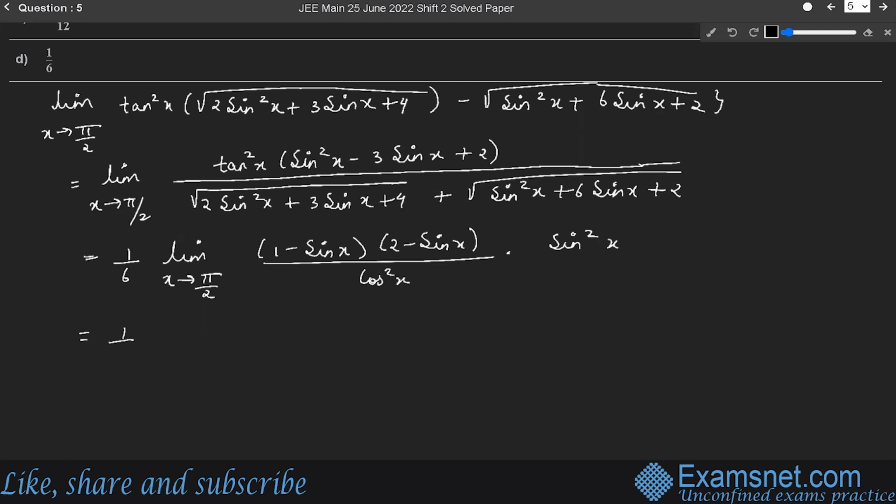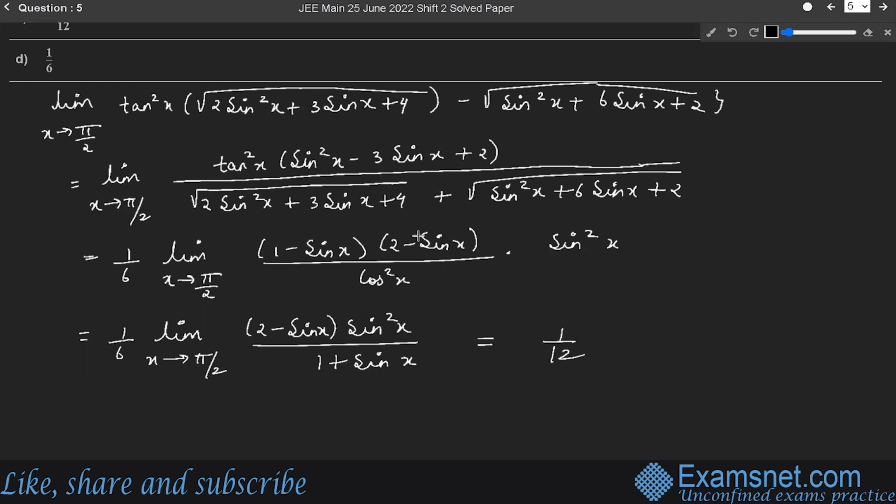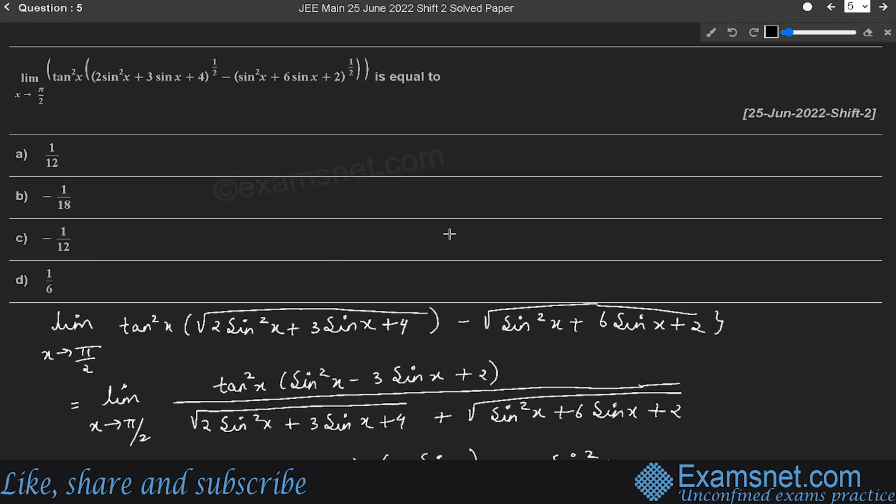So this will be equal to 1 by 6 into limit x tending to pi by 2 of (2 minus sin x) into sin square x divided by 1 plus sin x. So this will be equal to 1 by 12. Hence we can say that the correct option for this question is option number A, which is 1 upon 12.